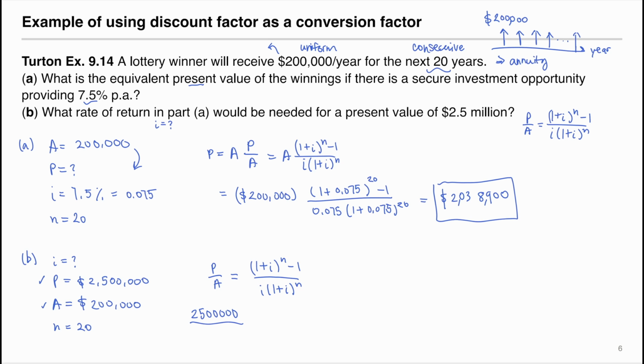Be careful not to lose any zeros. It goes to (1 plus I)^20 minus 1, divided by I times (1 plus I)^20. Remember not to confuse I and 1. And this cannot be solved by hand, so we need a calculator.